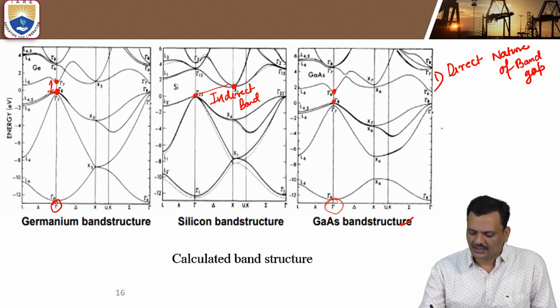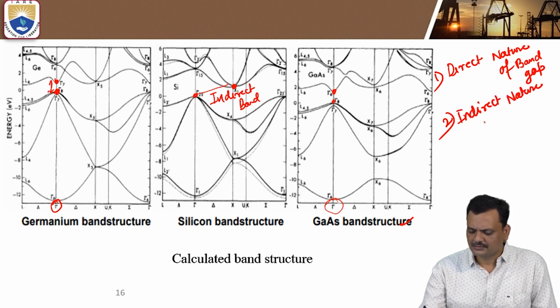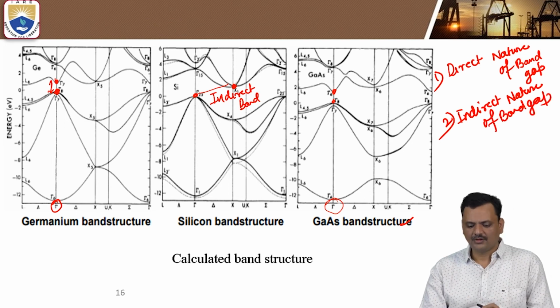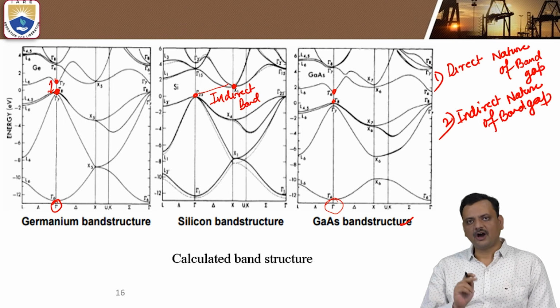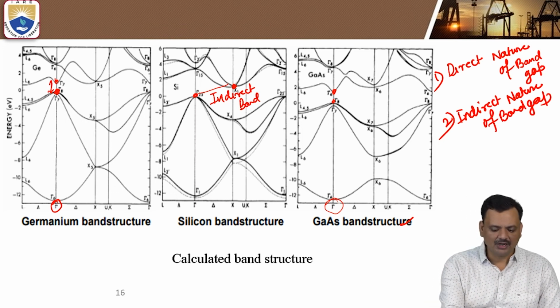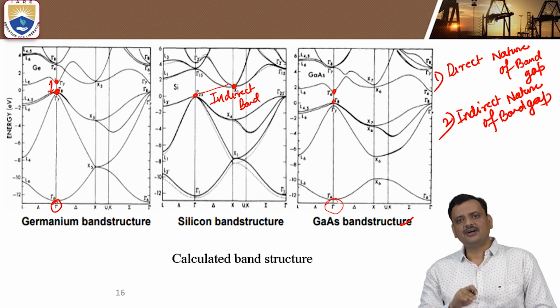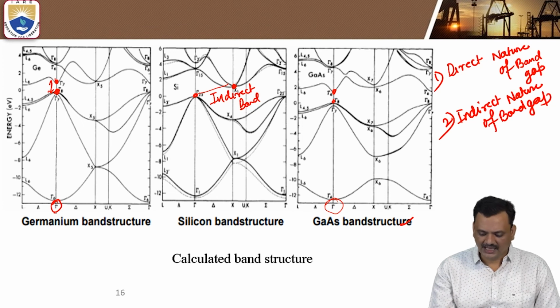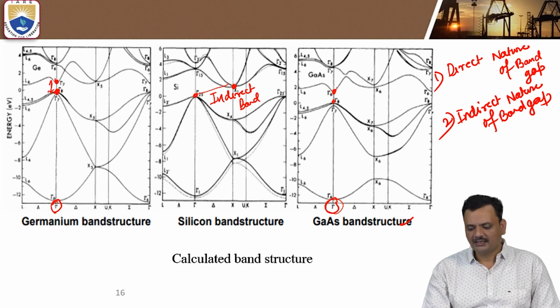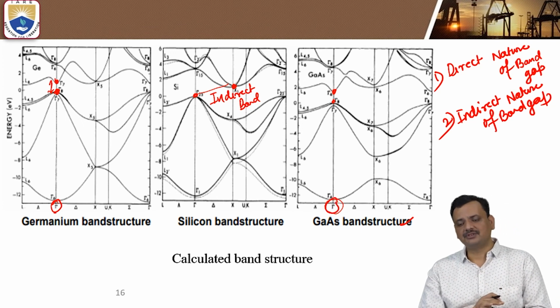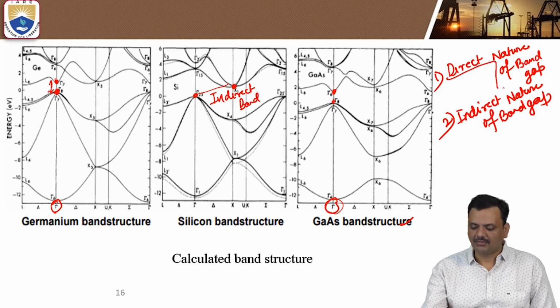When the top of the valence band and bottom of the conduction band lie on the same k point, then that type of band gap is known as a direct band gap.